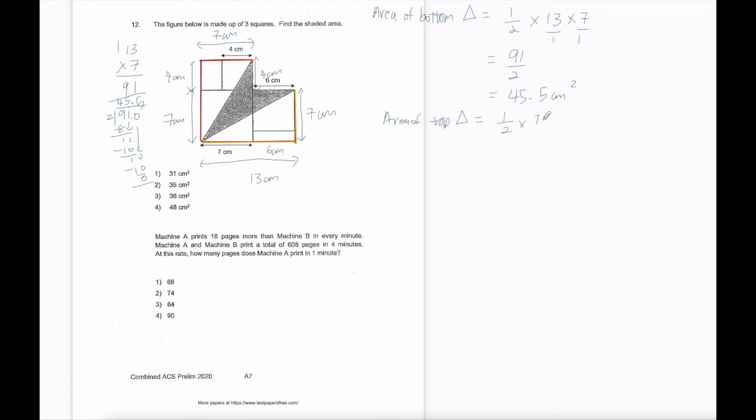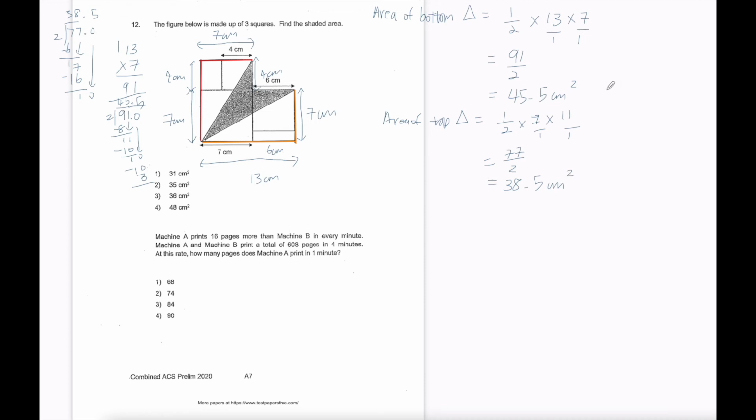So half times 7 times 11. Okay, which is 77 over 2. Which is 38.5.